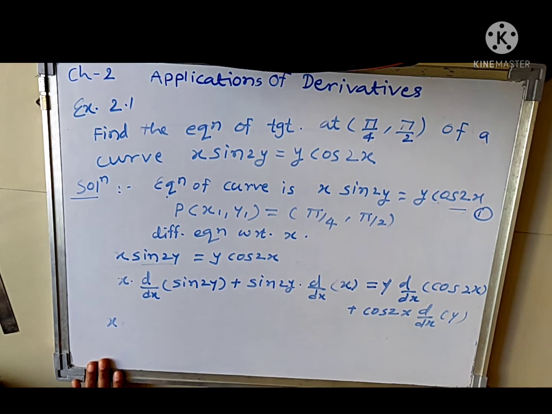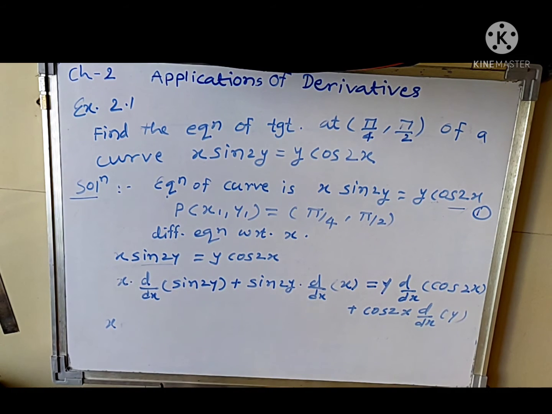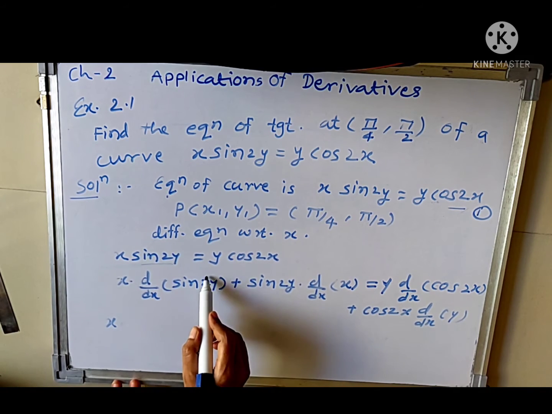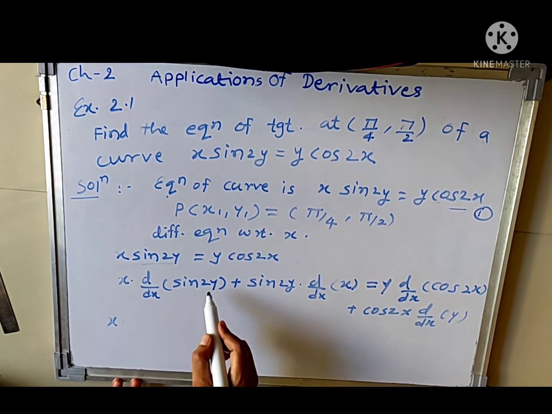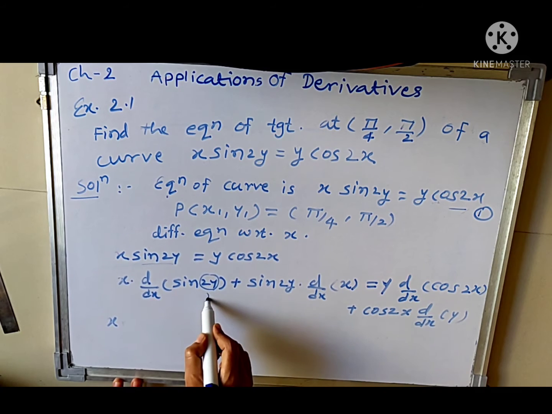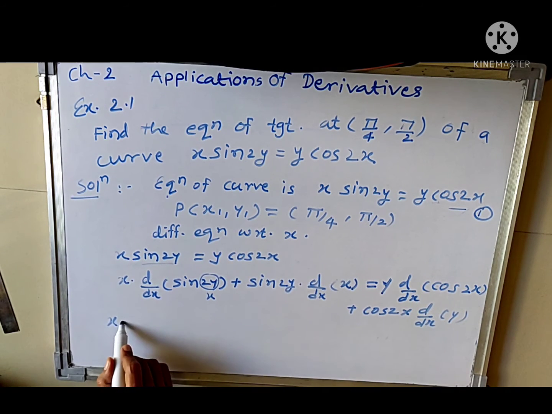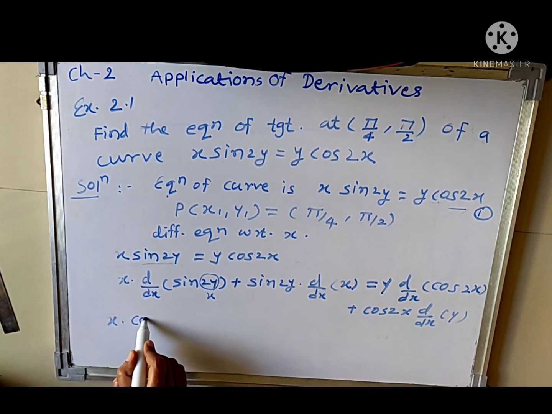Then x as it is. Then find the derivative of this sin 2y. Here is a y, so it is a composite function. You have to consider 2y as x, then this becomes sin x. Therefore the derivative of sin x is cos x.